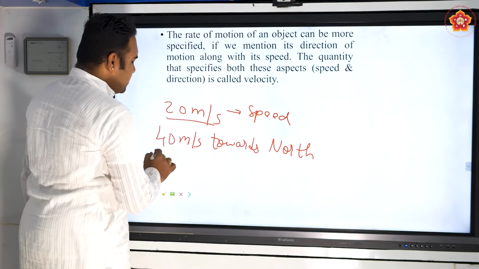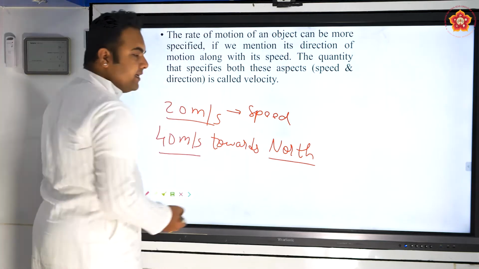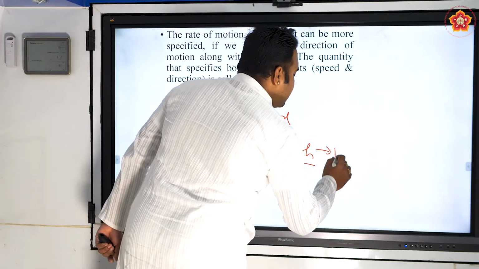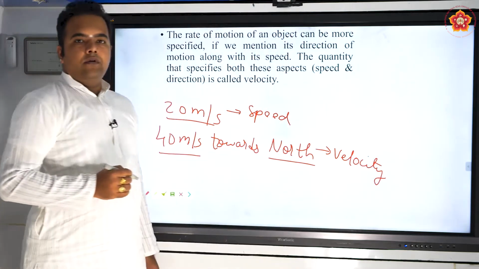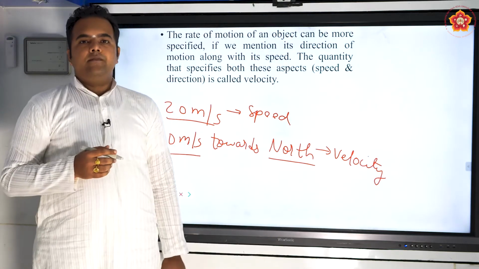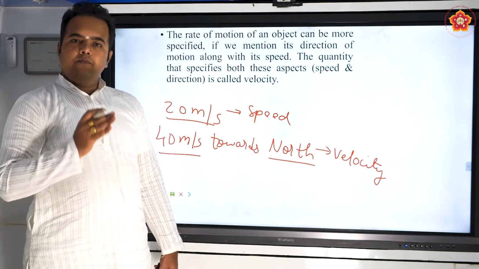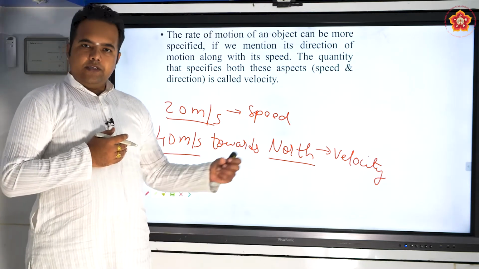Now 20 meters per second, 40 meters per second, yes, but what is the extra detail? North, that is the direction which is being shown. So this is called the velocity. So whenever we talk of velocity, we need to compulsorily specify the direction. Speed and velocity, both of them talk of the rate of change of distance or displacement.